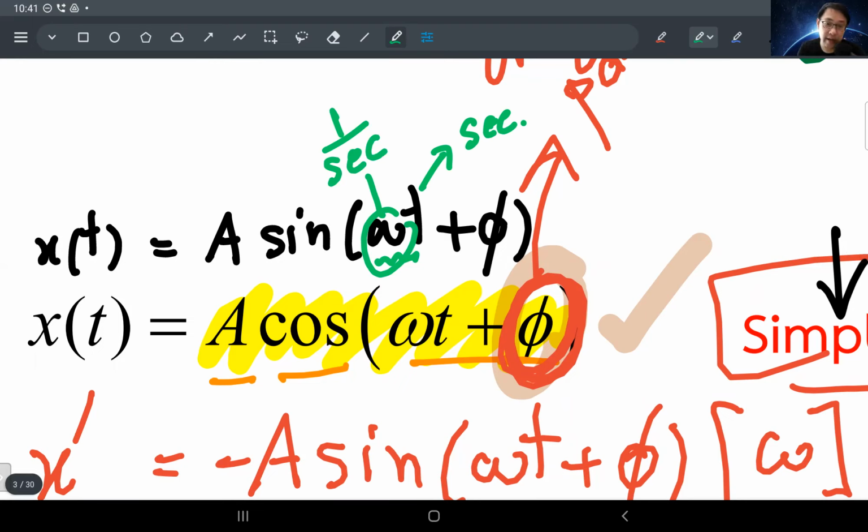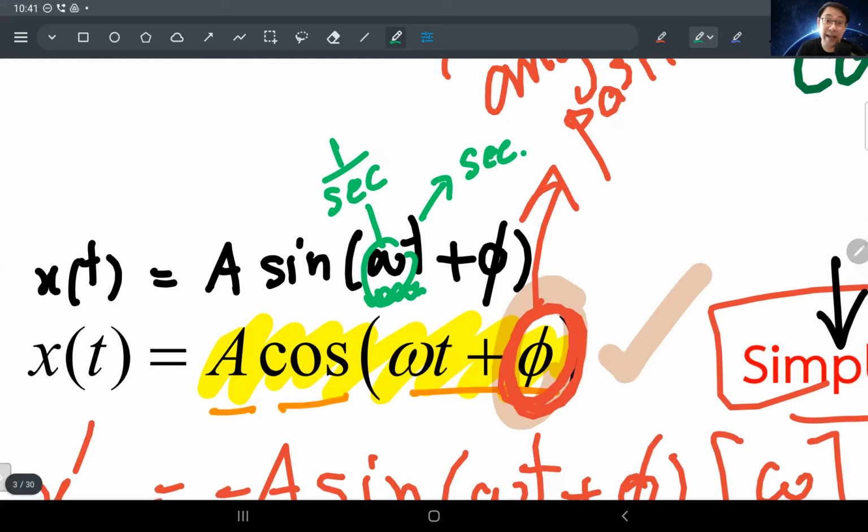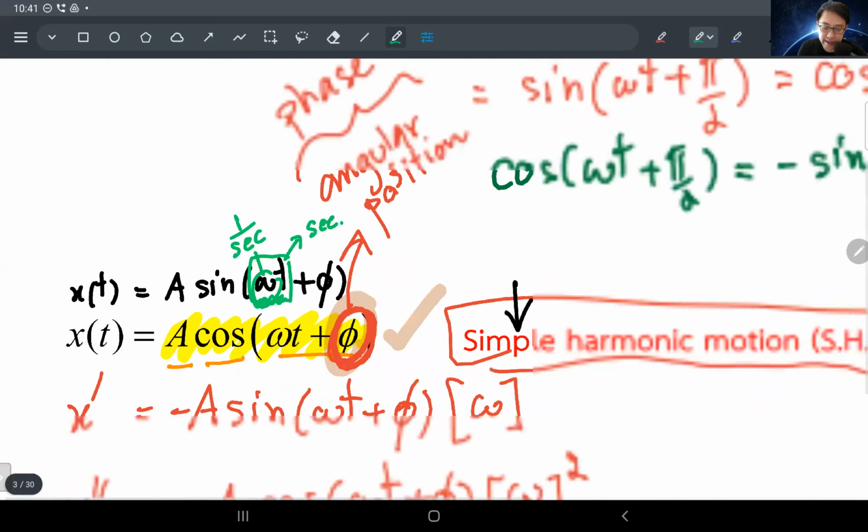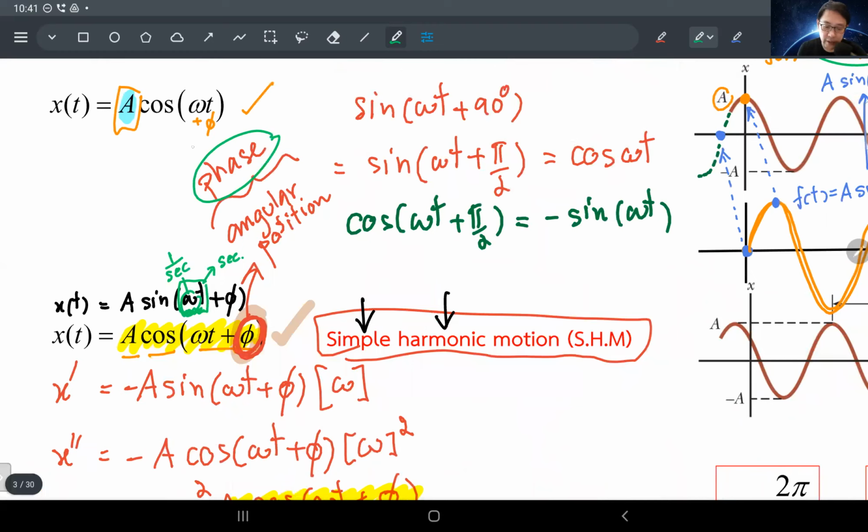1 over second is hertz. And in general, every time we talk about the SI system, everything behind the sine and cosine uses radians. So 1 over second is nothing more than radian per second. I mean, it's the angle per second. Omega t, we already concluded, is a phase, and the phase is nothing more than an angle.